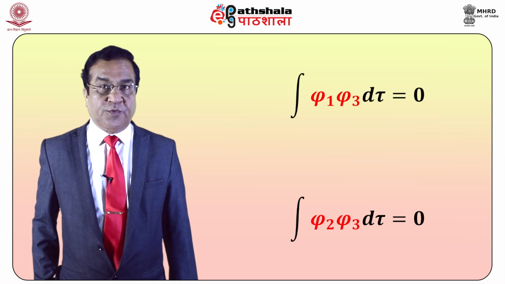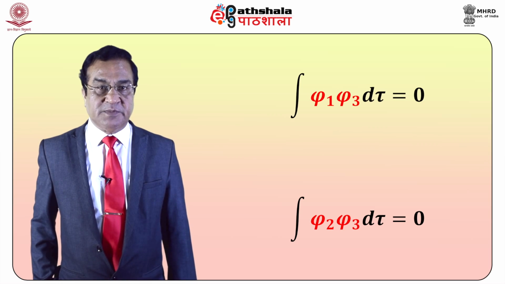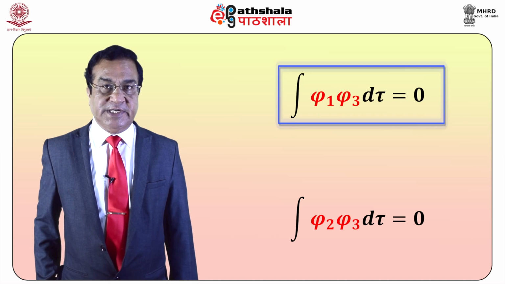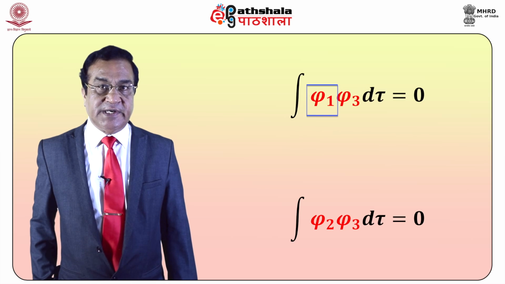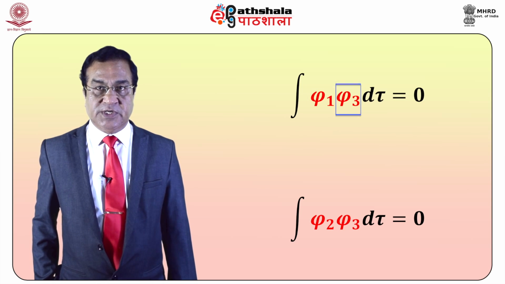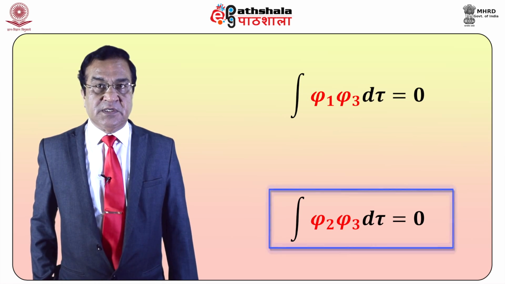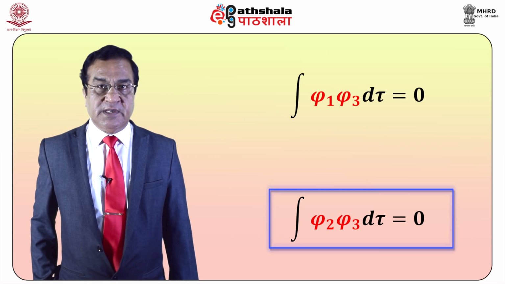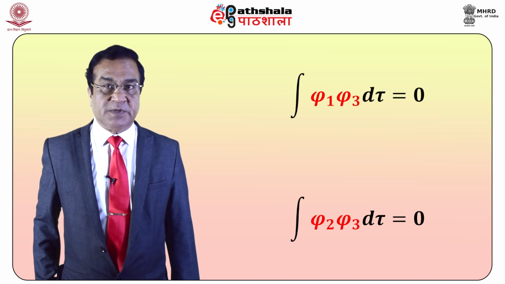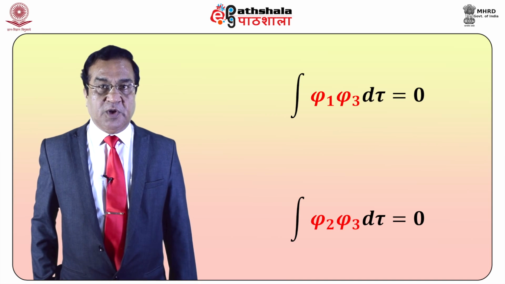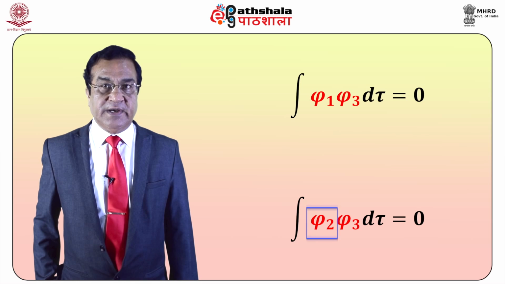That means the following two conditions must be satisfied. Integral Phi1 Phi3 d tau equals 0, which represents the orthogonality of Phi1 and Phi3. And secondly, integral Phi2 Phi3 d tau equal to 0, which is nothing else but the orthogonality of the molecular orbitals Phi2 and Phi3.